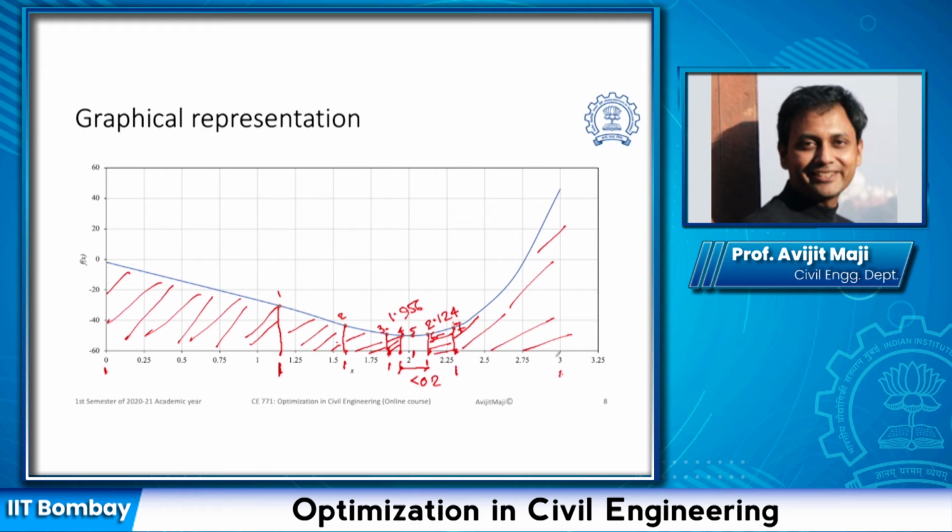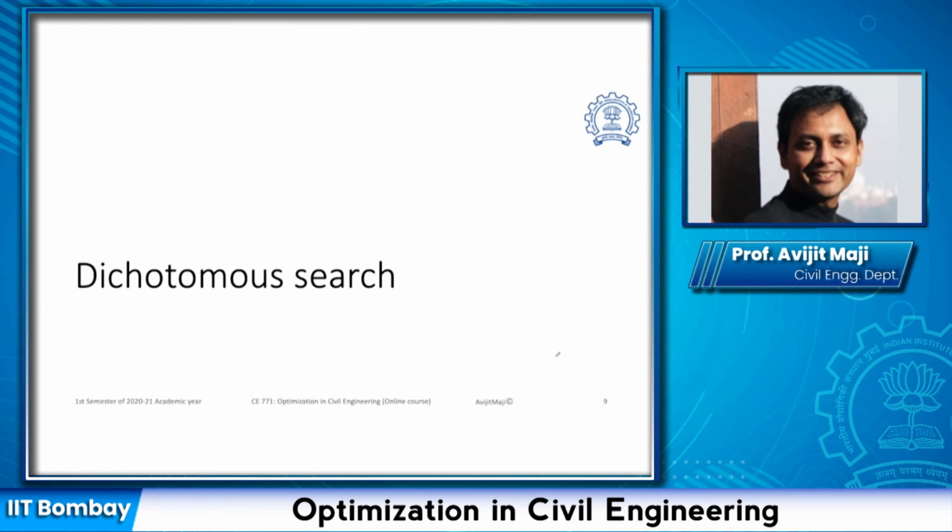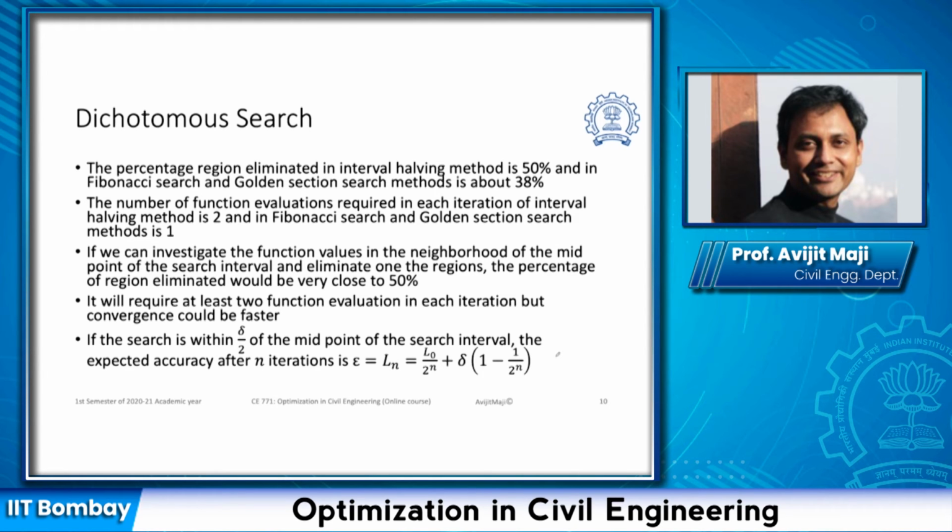So with that intention, we'll look into the next method, which is known as dichotomous search method. In the dichotomous search method, we intend to eliminate about 50% of the search area which we had seen in case of interval halving method.